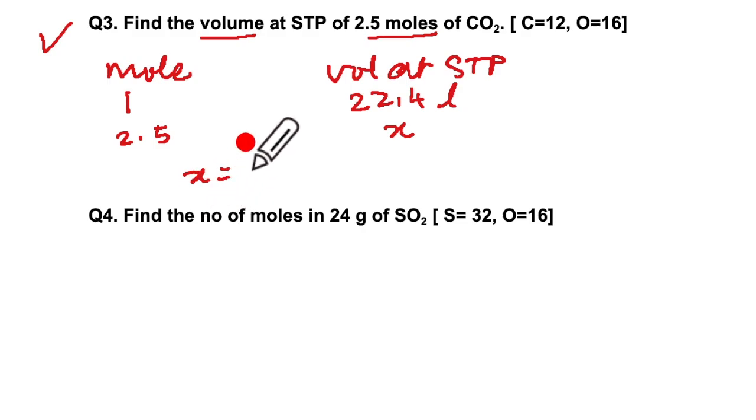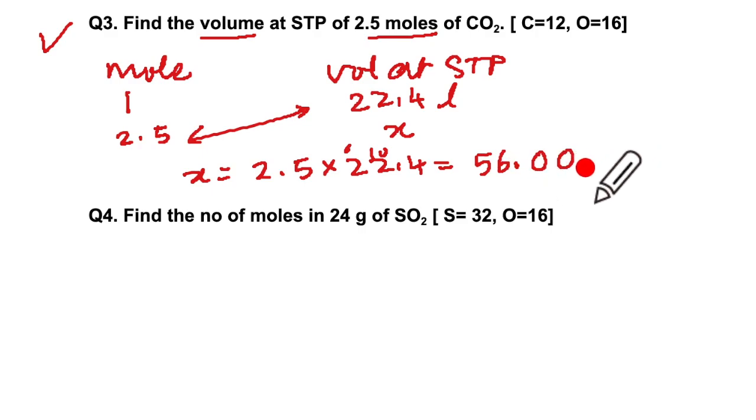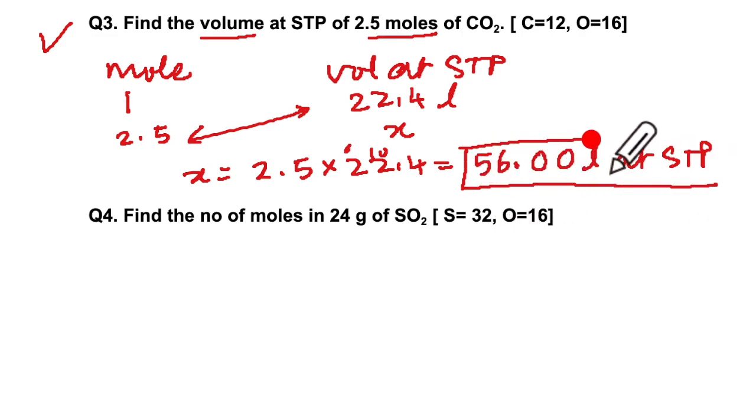So your X will be equal to 2.5 multiplied by 22.4. That will be 25 fours are 100, carry 10. 25 twos are 50 and 10 is 60, carry 6. 25 twos are 50 and 6 is 56. So that will be 2 decimal places, so this is your answer: 56 liters at STP is the required answer.